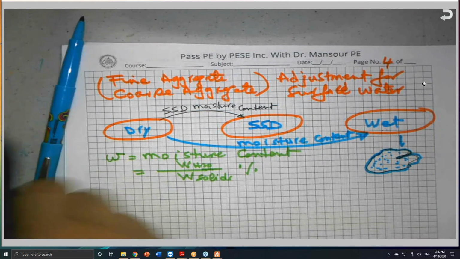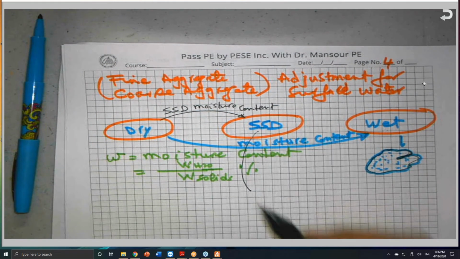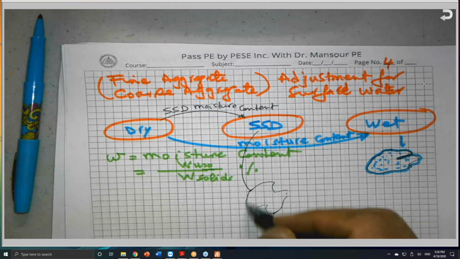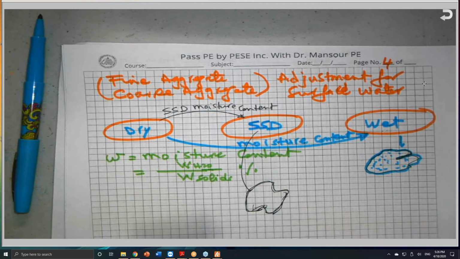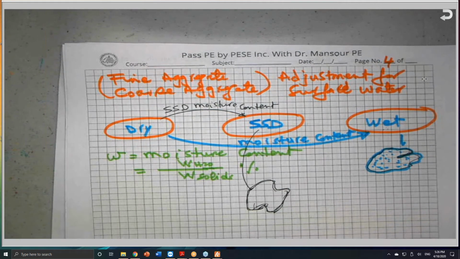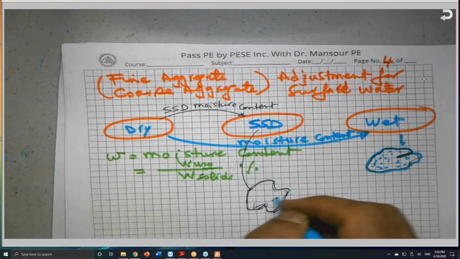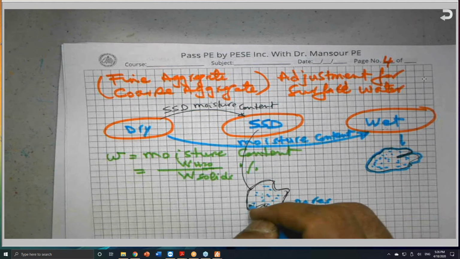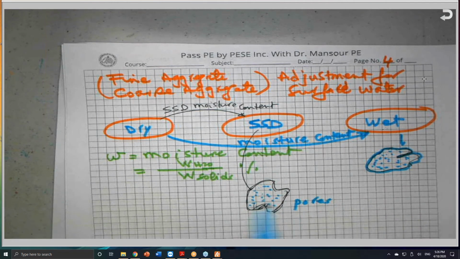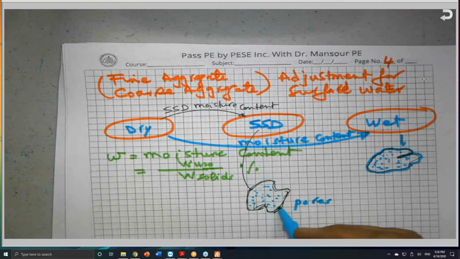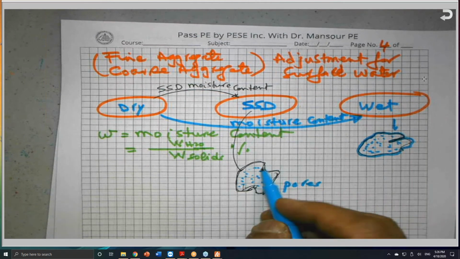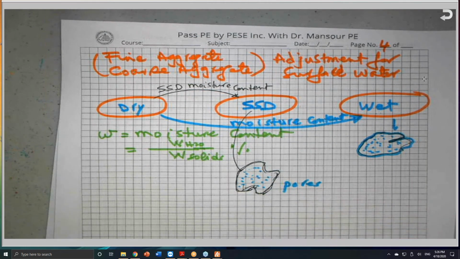But for the SSD, the saturated surface dry condition, the situation is different. If this piece of aggregate, let me draw another piece of aggregate here, that means that only the internal holes or pores, as we call them, are filled with water, saturated, but the surface is dry. We determine this in the lab by putting the aggregate in water for 24 hours, and next day we dry the surface.